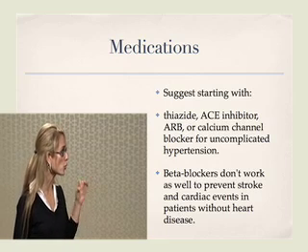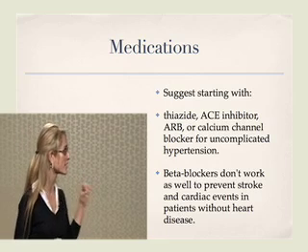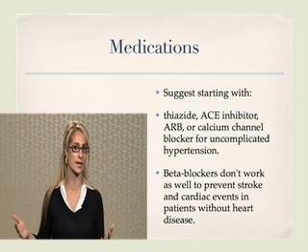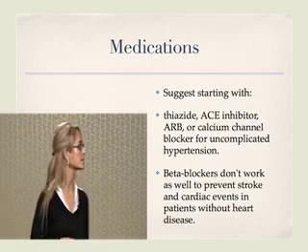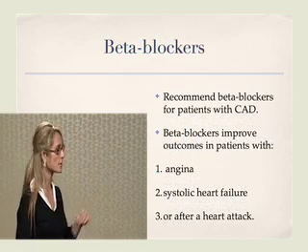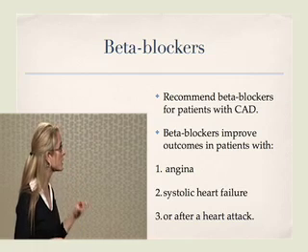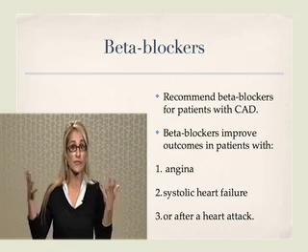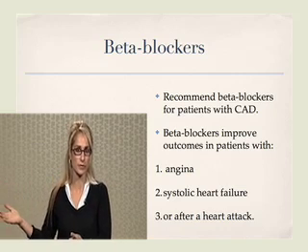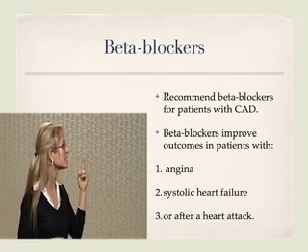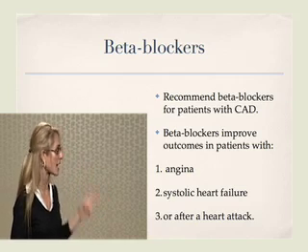Beta blockers don't work as well to prevent stroke and cardiac events in patients without heart disease. All you're doing is adding more side effects. Slide 20. Beta blockers are recommended for patients with coronary artery disease, or if they, of course, have congestive heart failure. Beta blockers improve outcomes in patients with angina, systolic heart failure, and after a heart attack.